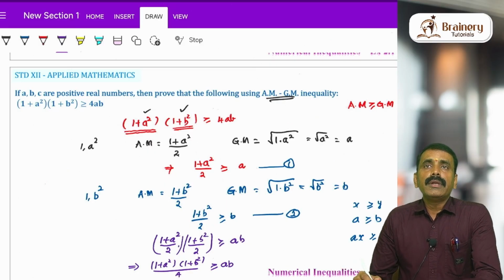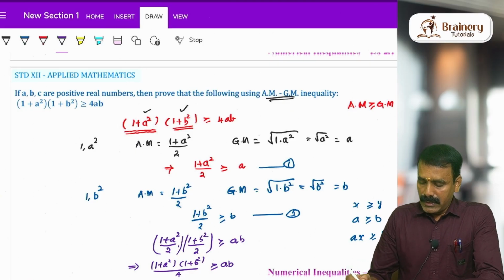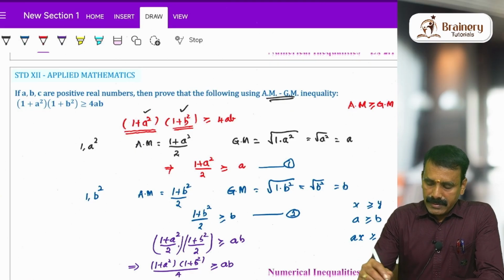Now I want to remove the 4 in the denominator of the left hand side, so I multiply by the multiplicative inverse of 1 by 4, that is nothing but 4. So I multiply with 4 on both sides. In such case, what will I get?